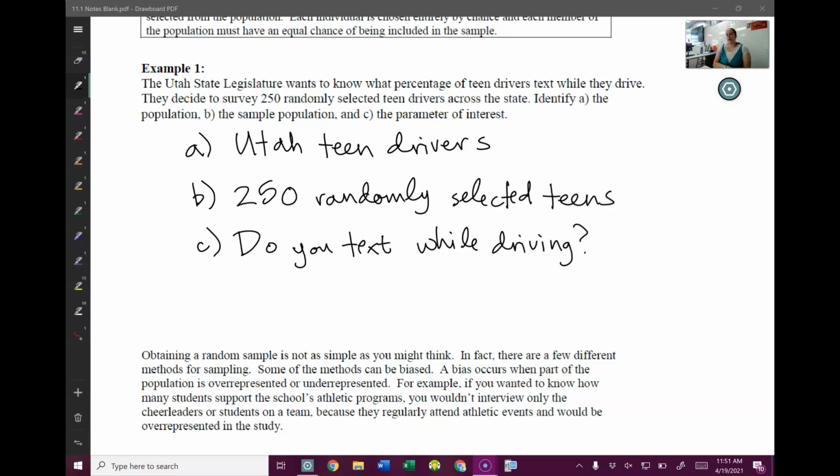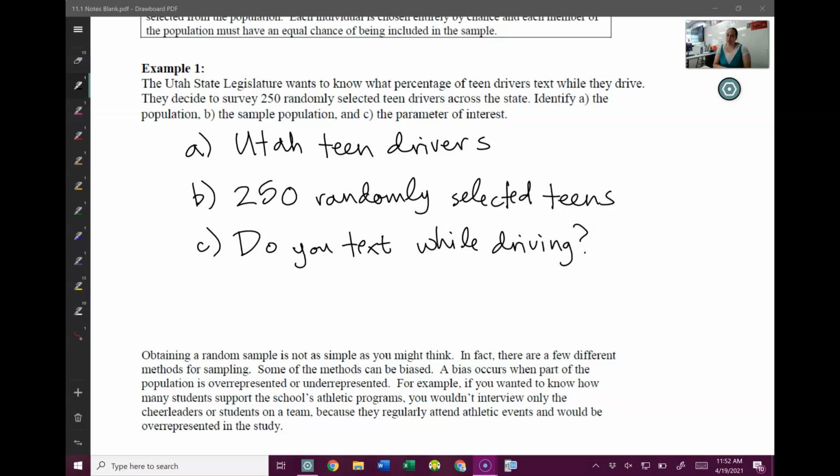So, while we're talking about this, we want to introduce the next idea we want to learn about, and that is bias. So let's take this example of Utah teen drivers. I'm going to ask 250 teen drivers. Do you think that how I pick those 250 drivers is going to make a difference in my answer?